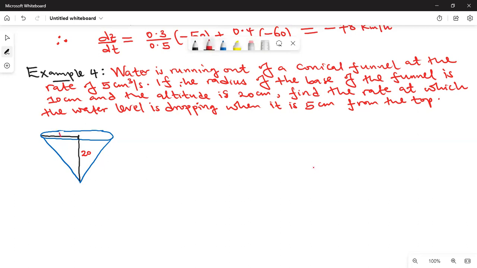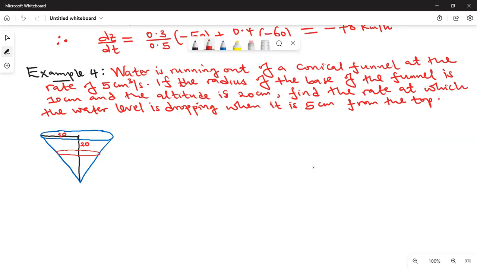Then here we have 10. The height initially is 20. Now, as the water is moving, you see it will reach a point where the funnel will not have any amount of water because the water is running out of a conical funnel. And so at that rate, the volume at which the water is decreasing is 5 centimeters cubed per second.